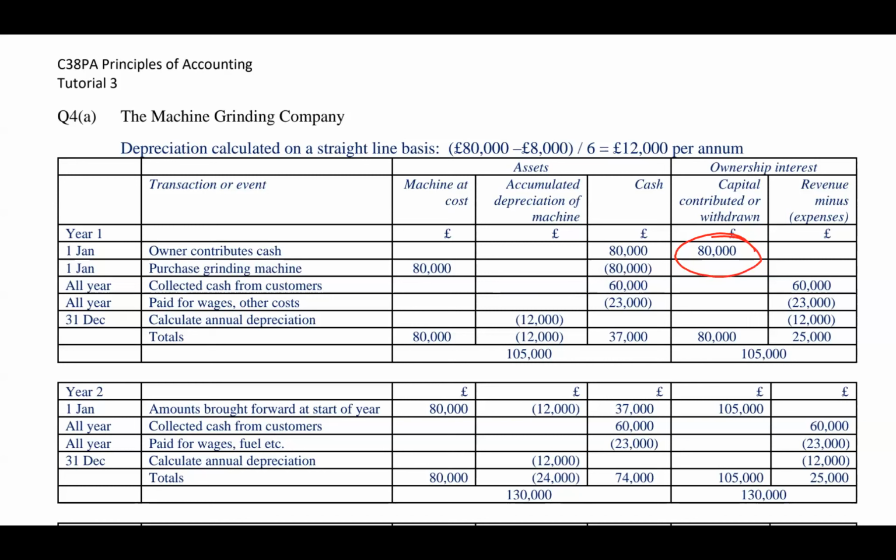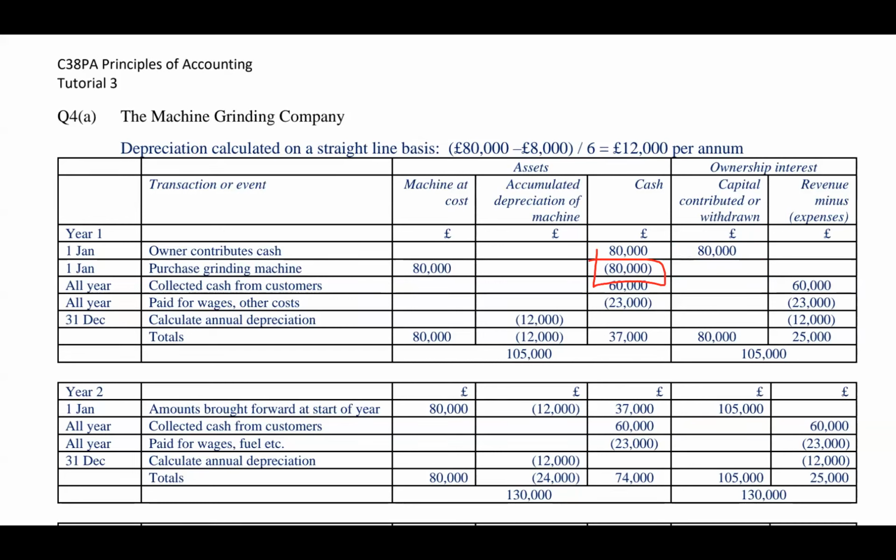Then we use the 80,000 now to buy what? We buy the machine, right? So we bought this machine using the same cash. That's why we are deducting from cash the 80,000. We're deducting this 80,000 from the cash account. The reason why this is a negative entry is because we are using the cash to buy this machine. You're following?